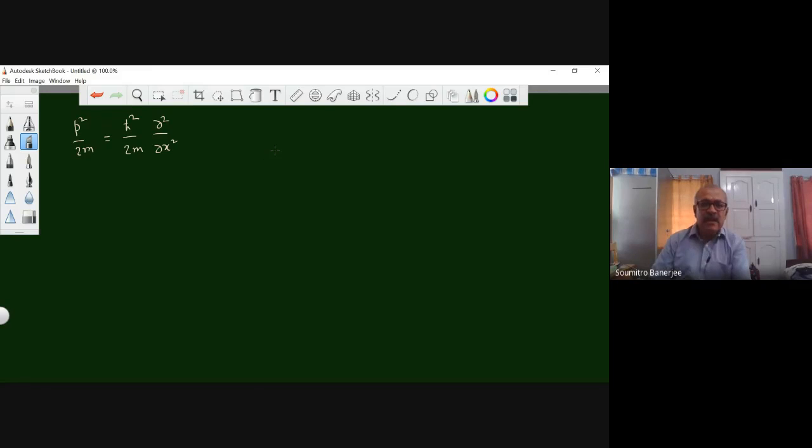Now notice, you had probably learned in the numerical analysis course that the double derivative of some function, by the finite difference technique, is u of x plus delta x, minus twice u of x, plus u of x minus delta x, divided by delta x squared.